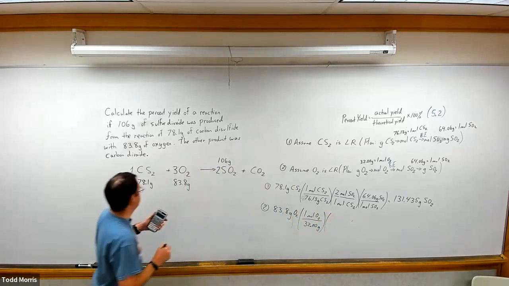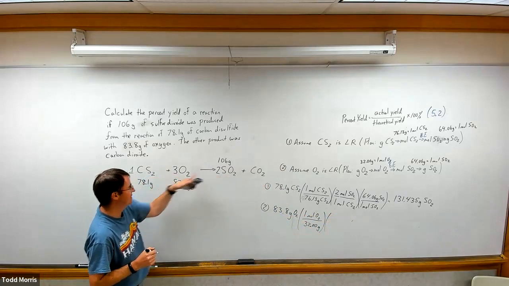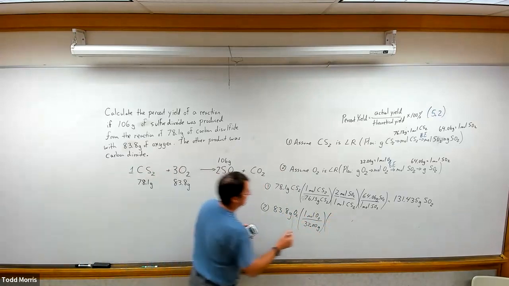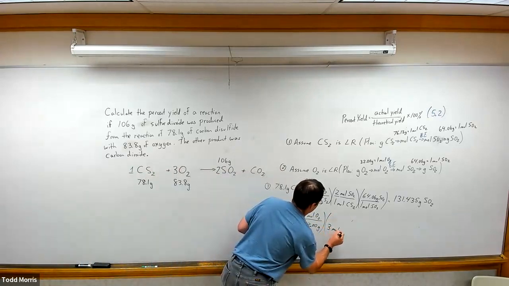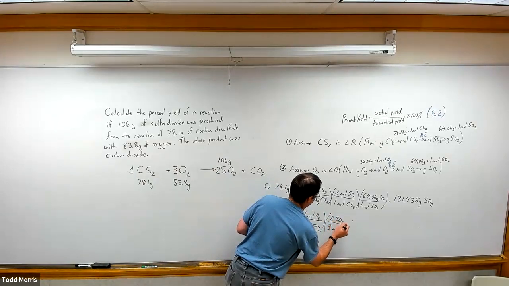Now for our balanced equation, notice it takes 3 moles of oxygen to produce 2 moles of SO2. So this is a 3-to-2 ratio. So 3 moles of oxygen is required to produce 2 moles of SO2.